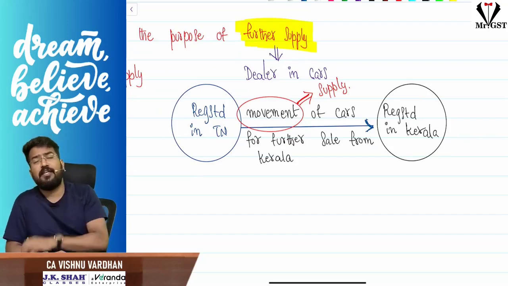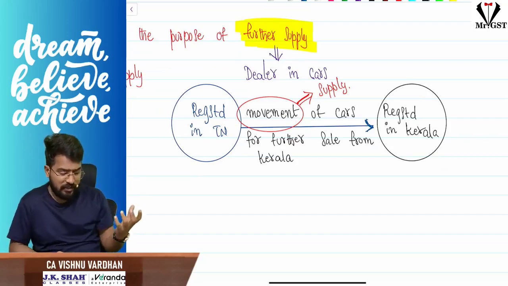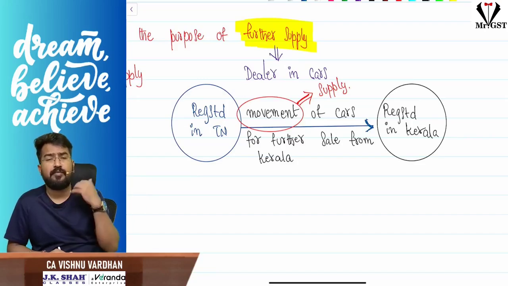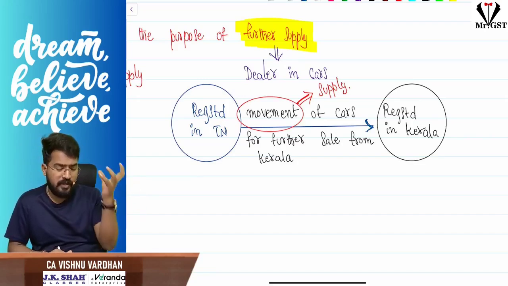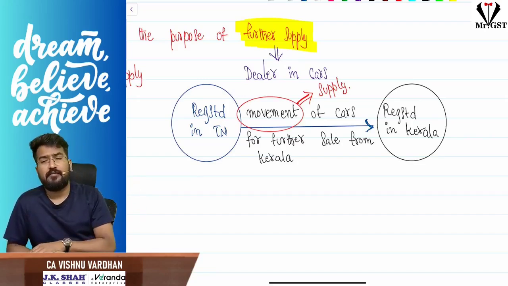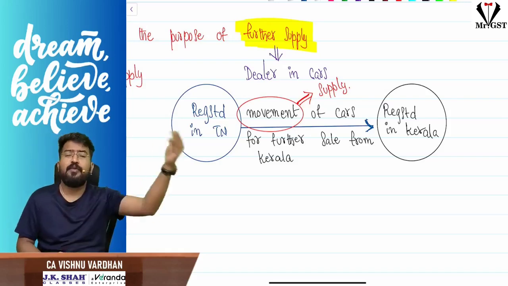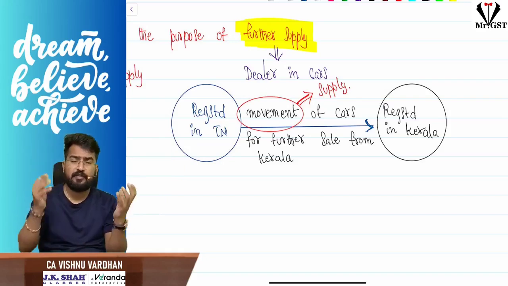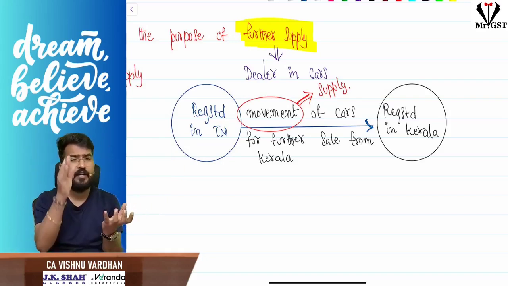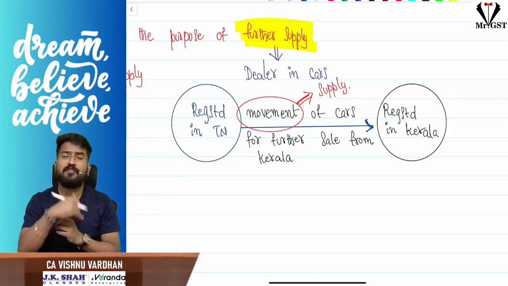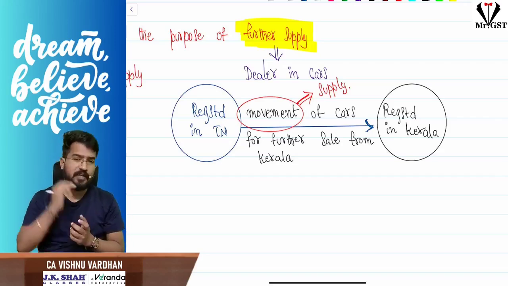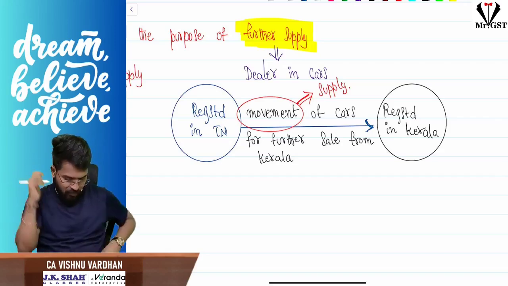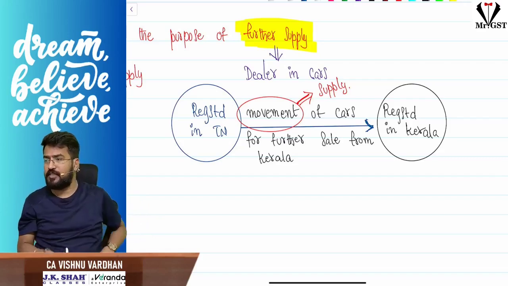I am a dealer in cars. I have cars in Chennai, Tamil Nadu, and I am transporting those cars from Tamil Nadu to Kerala, to sell them from Kerala. Then this is supply, because the movement of cars from Tamil Nadu to Kerala is happening not for transporting goods or passengers, but for further supply of such cars from Kerala. So that is the concept. Hope it is clear for you.